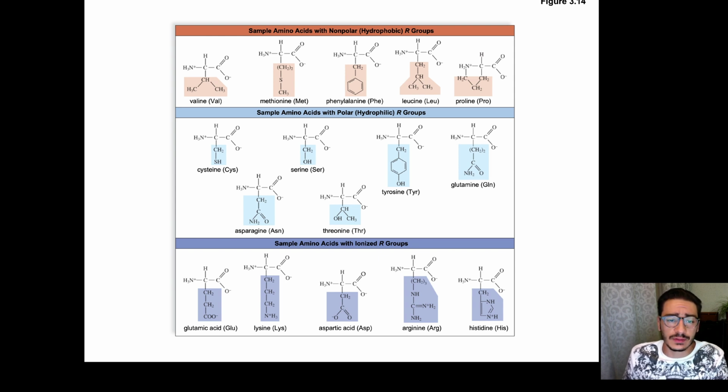But the point is, essential amino acids you have to obtain from your diet and from your food, and non-essential amino acids can be produced and synthesized by your body.